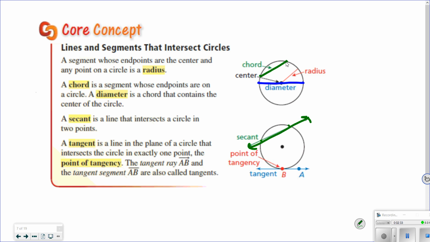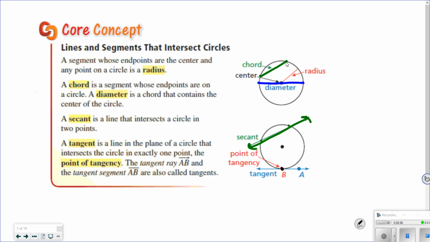A tangent line is a line. This is different than the tangent we just talked about in trig, right? It's a line that intersects the circle in exactly one spot, so it just touches that point right there. If you see this point B, that is called the point of tangency. That's where it touches the circle.